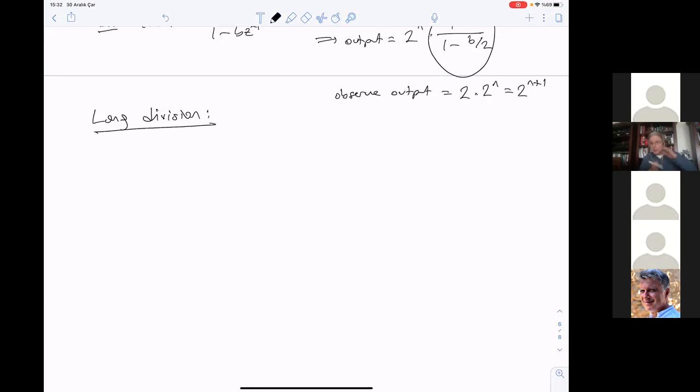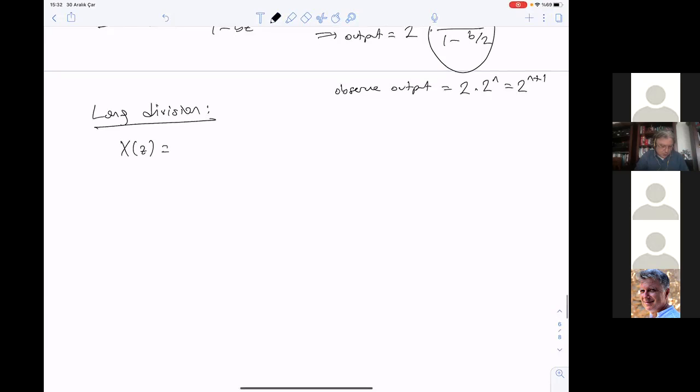So the Taylor series expansion is performed by long division, what is that? It's this. X of Z is equal to 1 over 1 minus a Z inverse. Okay, the typical first order thing, whose inverse Z transform we already know. What was it?